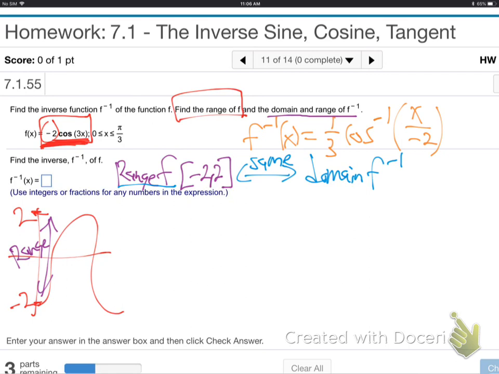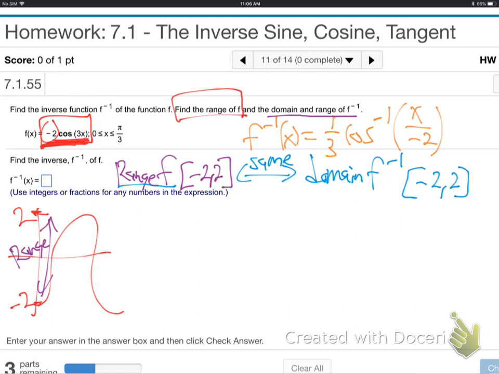Remember they switch? Domain and range switch because x and y switch. Domain is x, range is y; range is up, down, x is domain, sideways. So range of f is domain of the inverse, and vice versa. So the domain of f inverse is going to be the same: -2, +2.